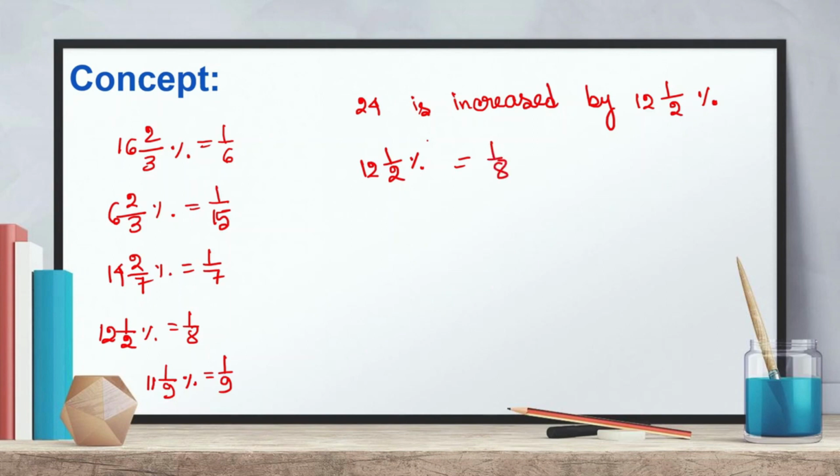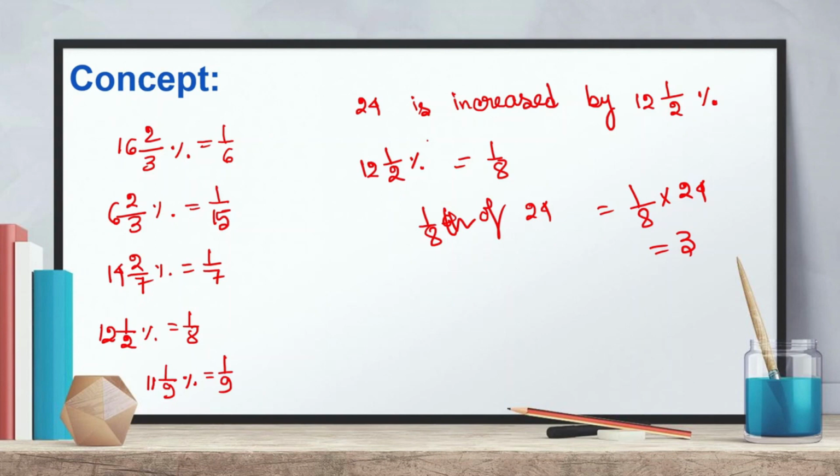That means 24 is increased by 1/8th. Now, how much is 1/8th of 24? So, 1/8 of 24 equals 1/8 × 24, that is equal to 3.